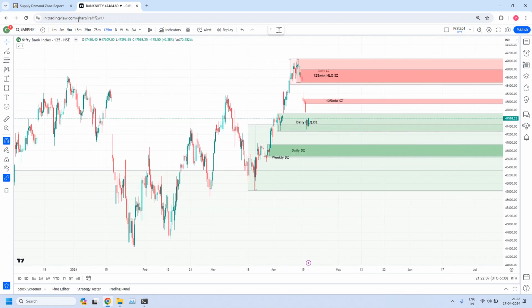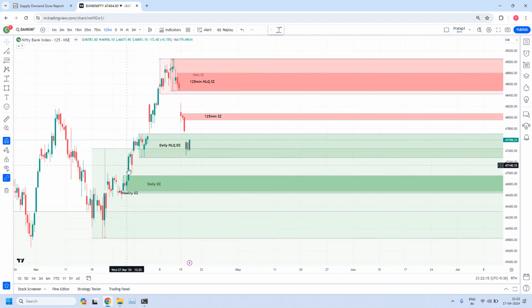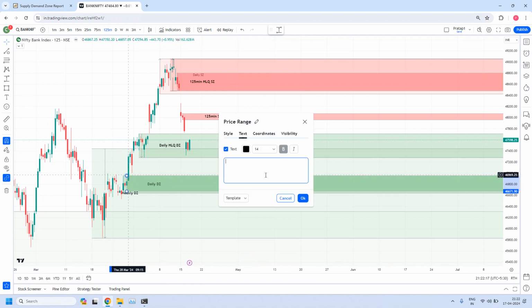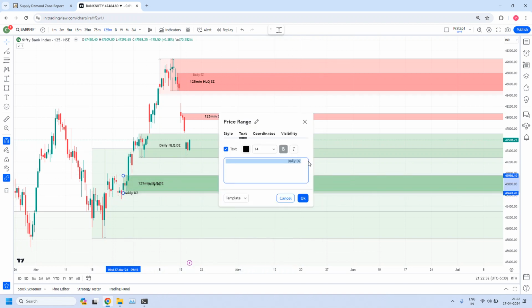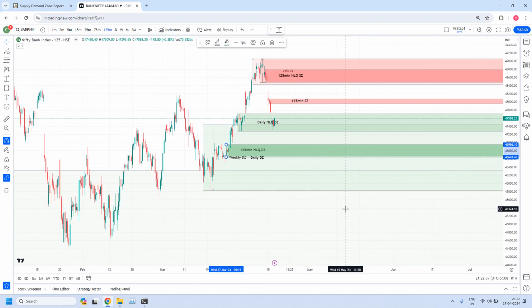So we get better clarity once we move on to the next one. Where is the text? Sometimes text is missing. Okay. And this is the daily zone.